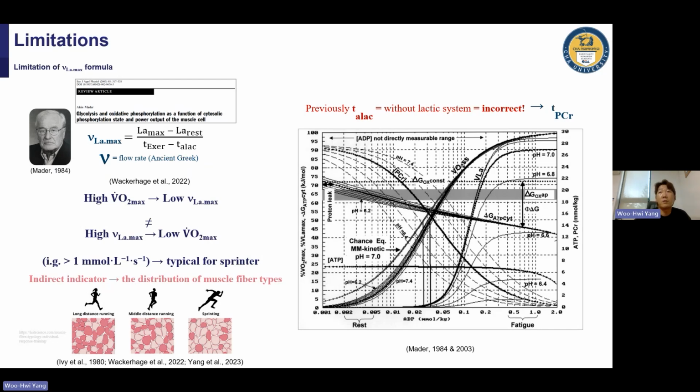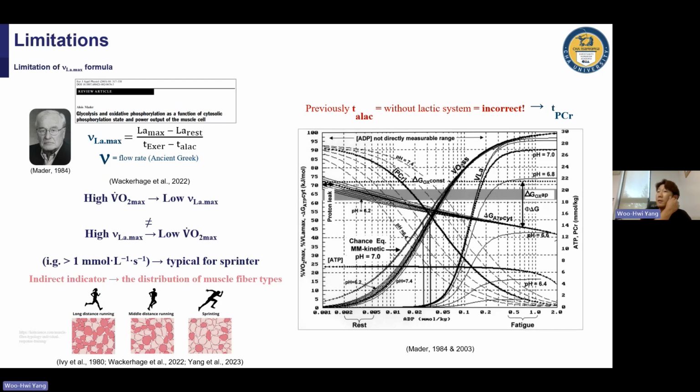The formula of PvLa.max is the delta lactate level between the maximal lactate and the resting lactate levels divided by the delta time between the total exercise time and the time the phosphagen system dominantly contributed.